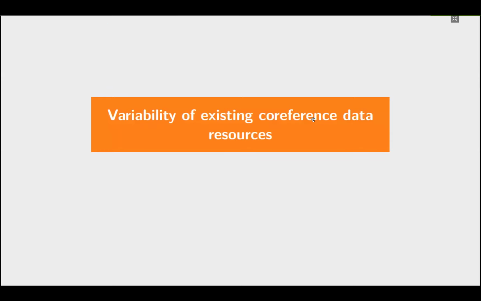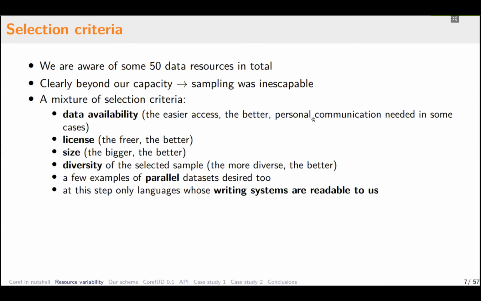Well, so much for introduction and examples. And now let's look at existing coreference resources and their variability in a little bit more detail. So we know of about 50 data resources annotated with coreference. It's definitely more than we can do in 5 people, so we had to select, and we selected 17.